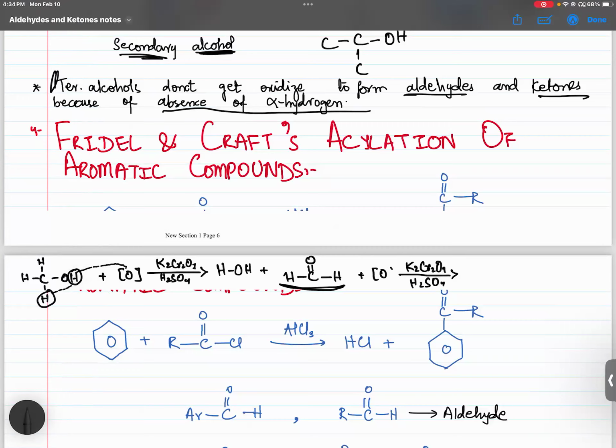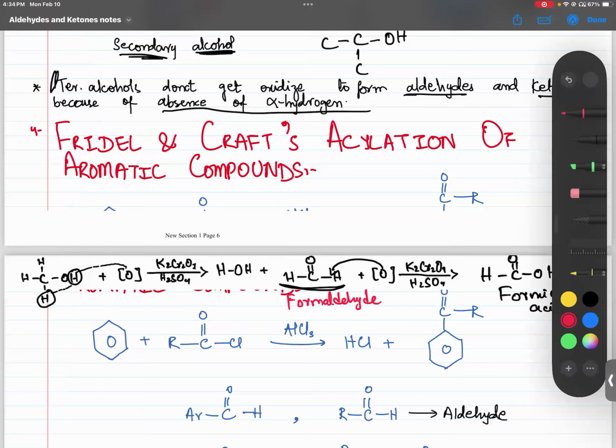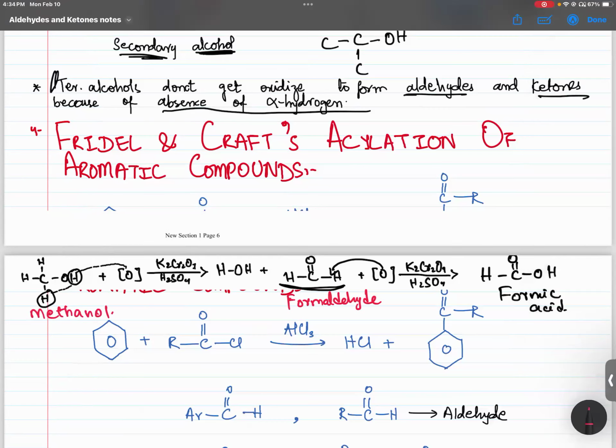Another oxygen is coming, and this oxygen will move and get placed there. HC double bond O, then OH, is the formic acid, meaning the carboxylic acid, okay? This is formaldehyde, okay? And this is methanol. Just note down this reaction as well with all these reactions.